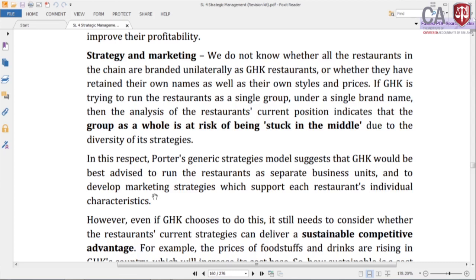In this respect, Porter's generic strategies model suggests that GHK would be best advised to run the restaurants as separate business units and to develop marketing strategies which support each restaurant's individual characteristics. Better to market them separately.